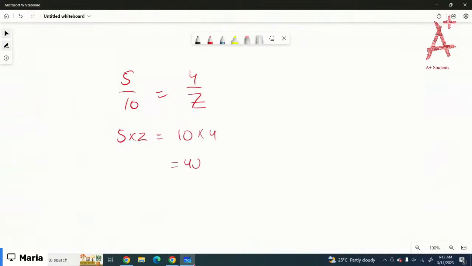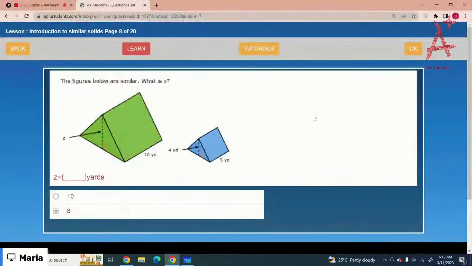So 10 times 4 is 40 equals 5 times Z. So divide both sides by 5. So it would be Z equals 5 times 8 is 40. Z equals 8. So the correct option is Z equals 8. So just select the correct option and click on the OK button.